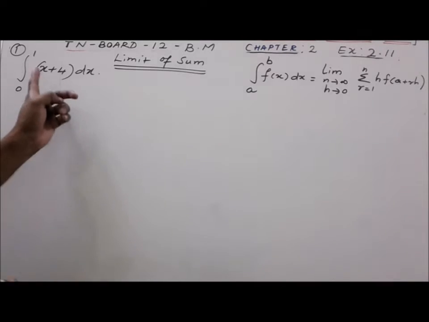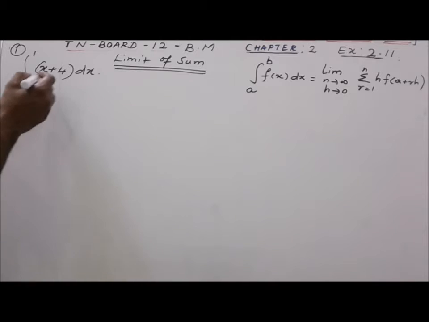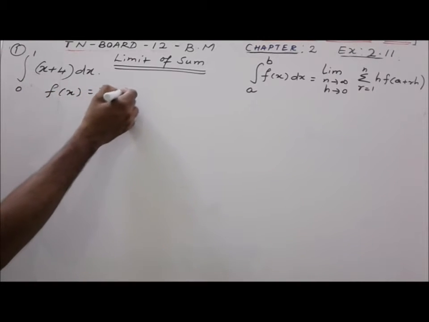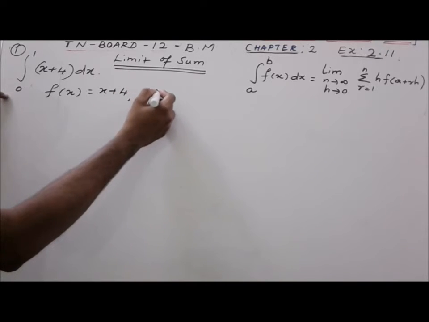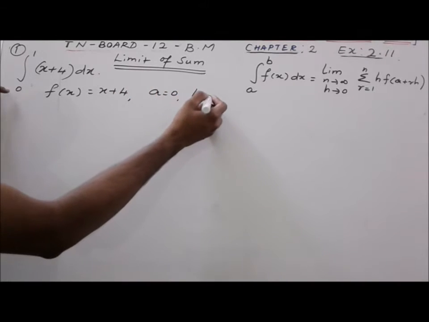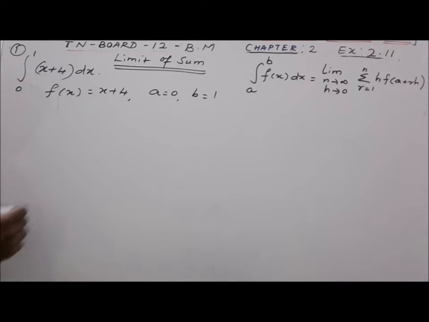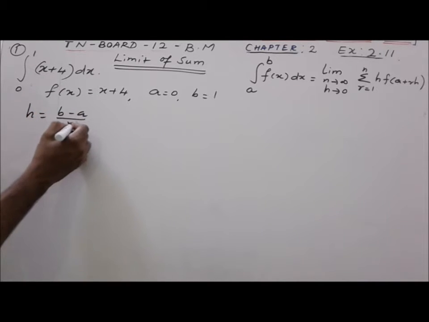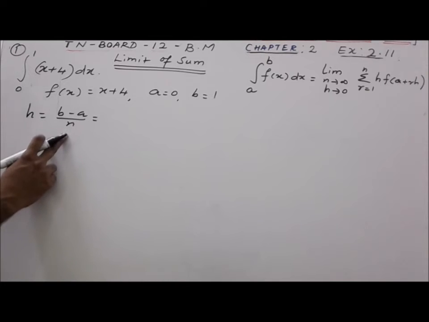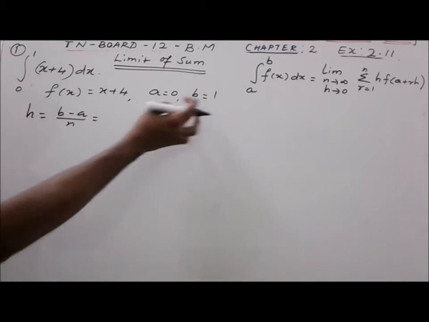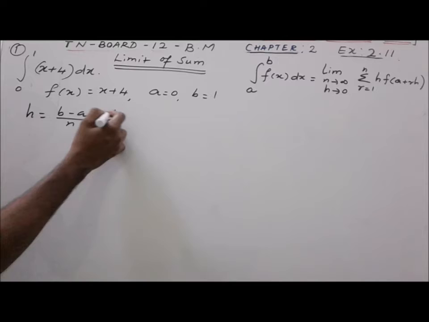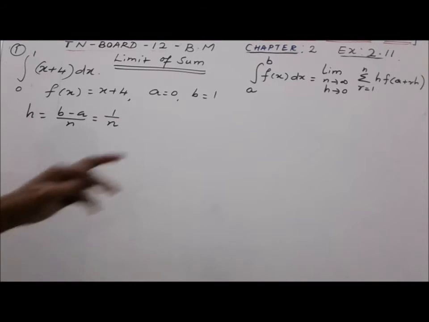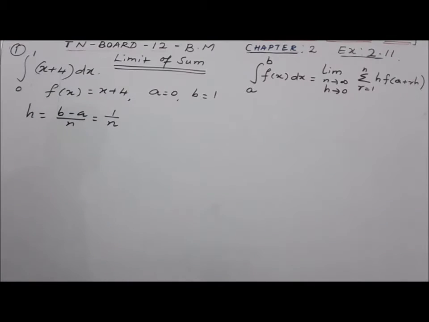Here f of x is equal to x plus 4, a equal to 0 is the lower limit, and b equal to 1 is the upper limit. h is equal to (b minus a) divided by n. Here n is unknown, so keep n as n. b minus a means 1 minus 0, so h is equal to 1 by n. Now find a plus rh.